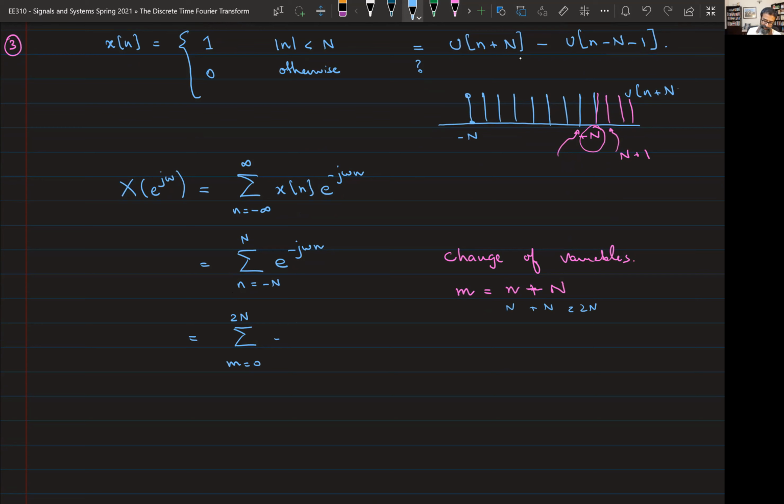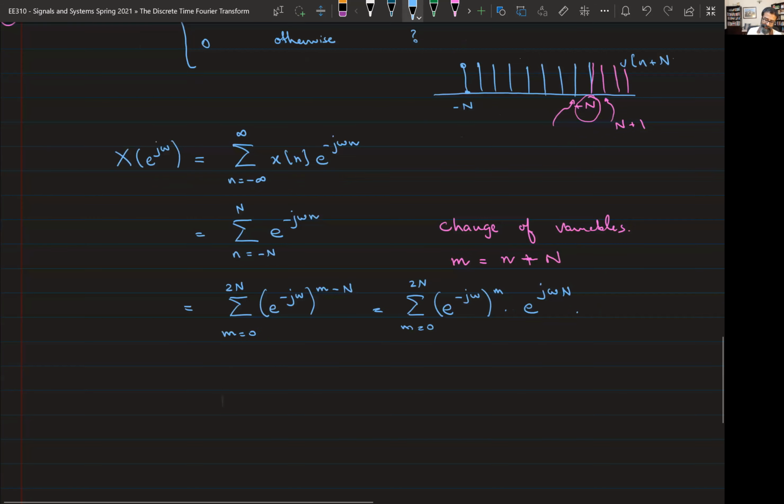And I have e raised to power minus j omega raised to power n, where n is small m minus capital N. Because of this, what changes is the following. This is summation m equals 0 to 2N of e raised to power minus j omega raised to power m times e raised to power j omega capital N.